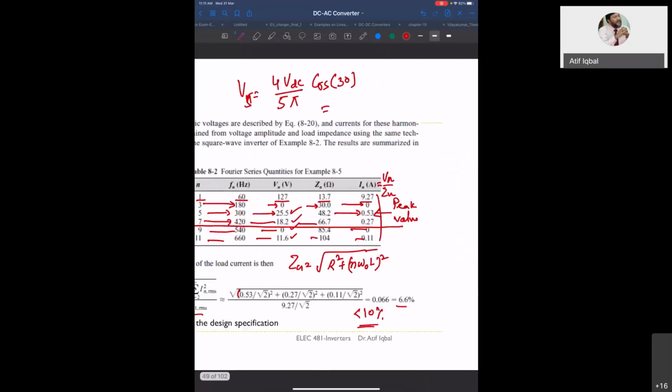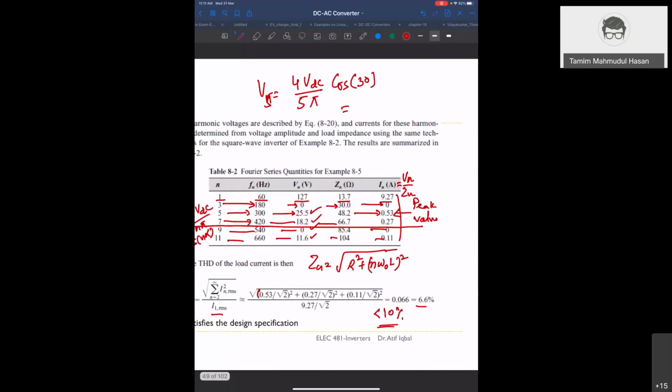Any question here? Doctor, as for the exams, are we going to consider up to the 7th, up to the 5th, or the 3rd? Up to the 3rd should be enough, right? No, the third is already 0. So the 5th and 7th, and you check if the total harmonic distortion is less, then it's okay.